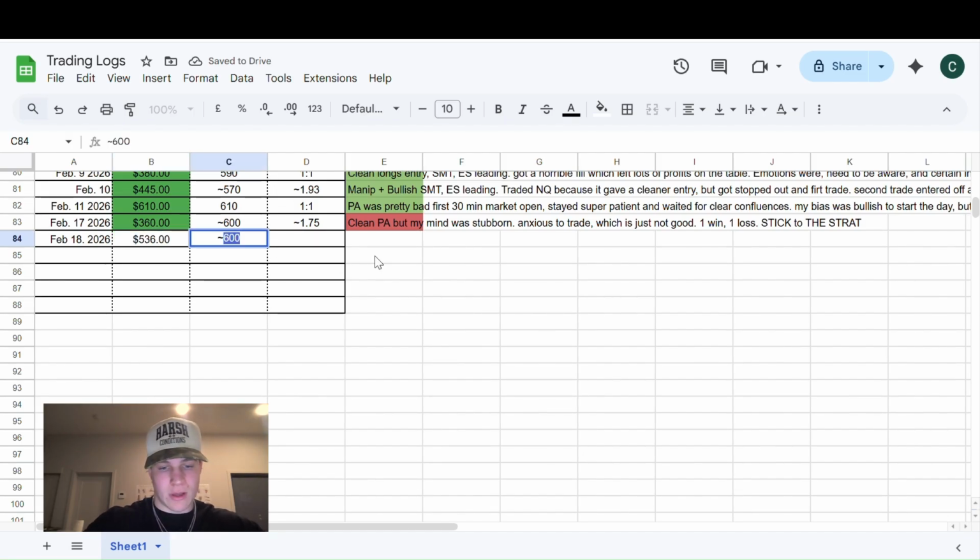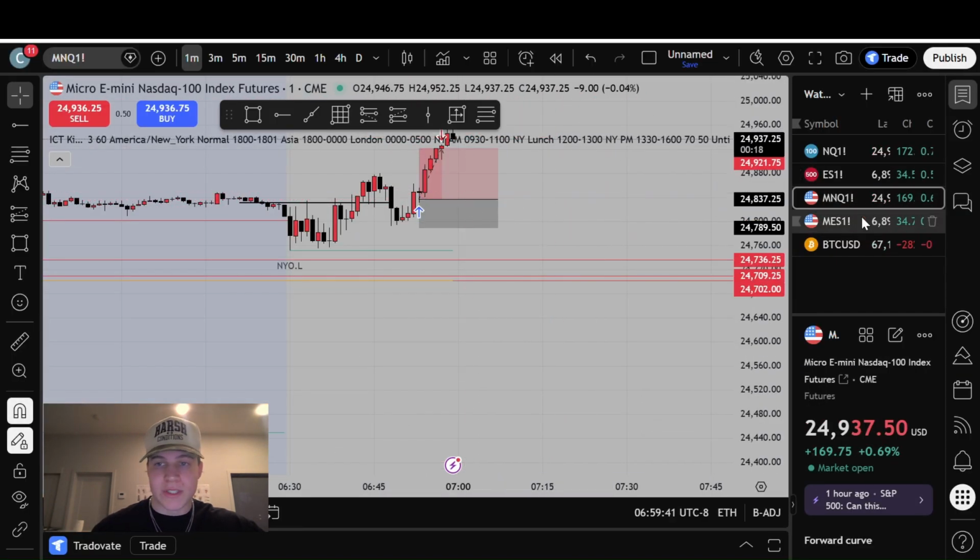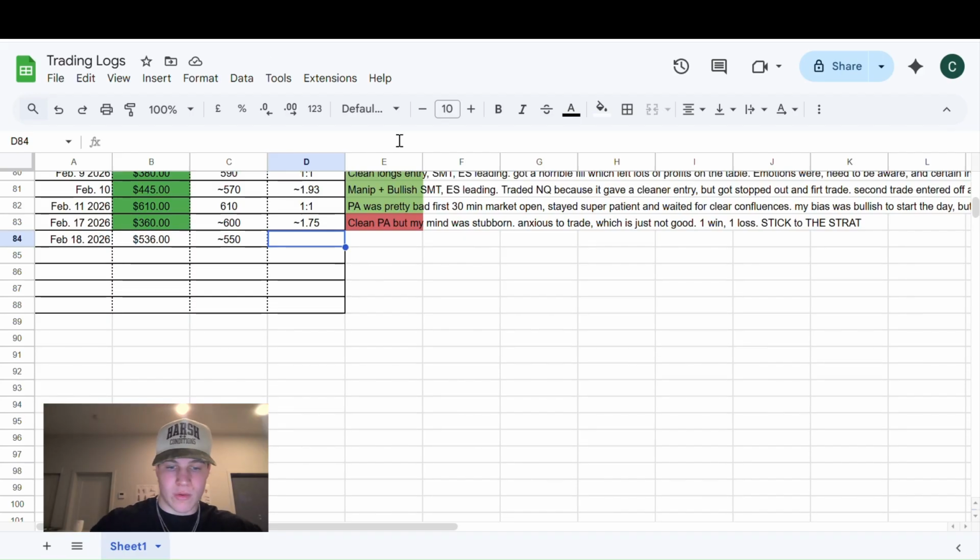And we risked about 550 average. The risk reward ratio was a 1-to-1 and a 1 to 1.7, so that's an average of 1.5.